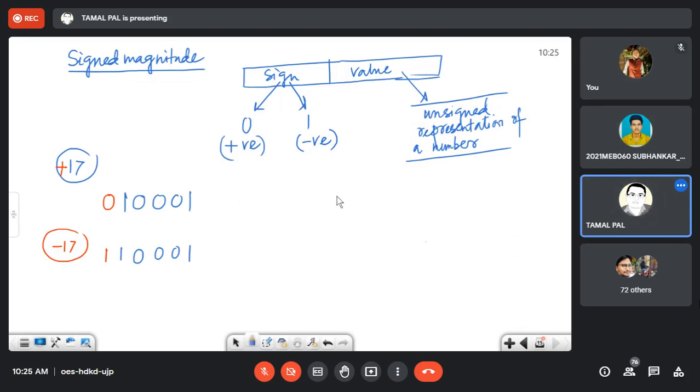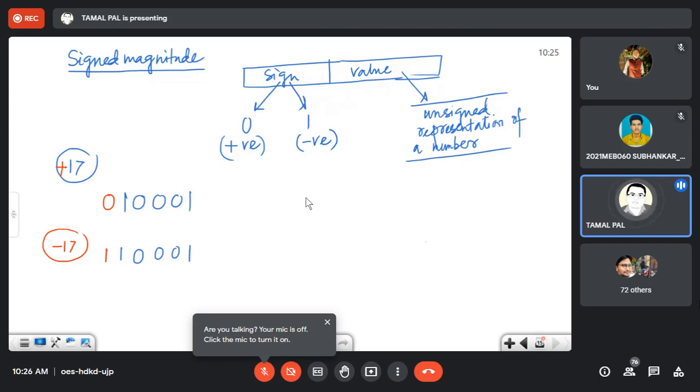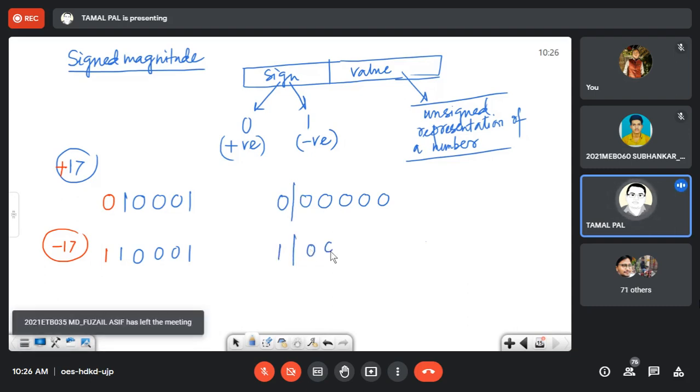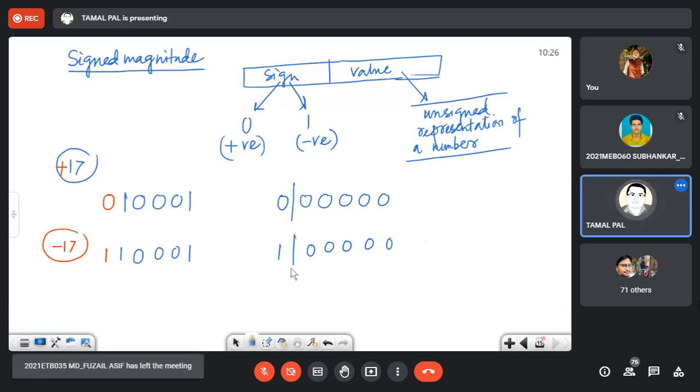Why is it so? Because mathematically 0 is represented, let's say, in 5 bits, so 0 is nothing but 0. This is also 0. But in a sign magnitude representation, you have to place a positive sign before it, or you have to place a negative sign before it. So although these two numbers are the same, you have to use two different patterns.